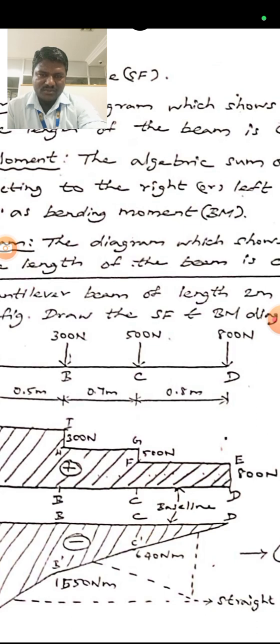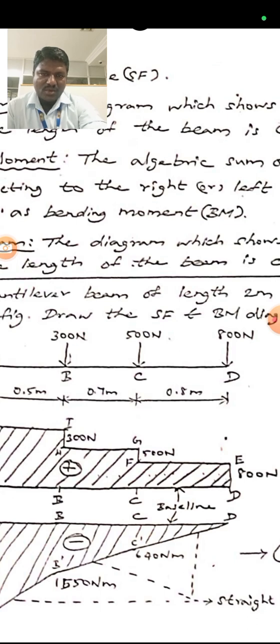At D, the load is 800 and the distance is 0.8 plus 0.7 up to B, which is 1.5 meter. The 800 Newton downward load gives a clockwise rotation, and on the right side clockwise rotation is negative.